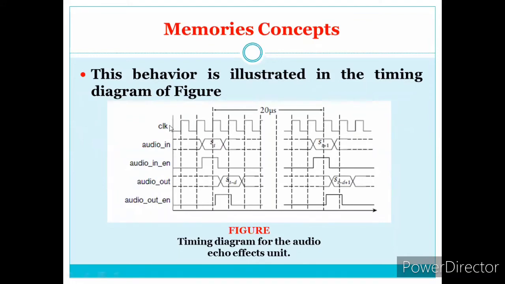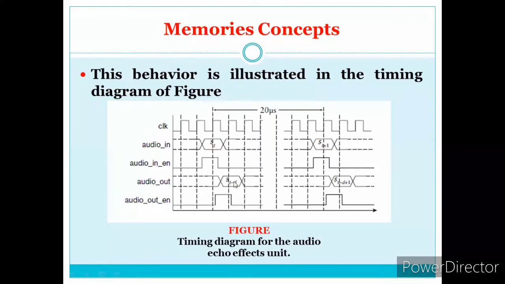If we observe the respective clock signals, at this particular rising edge the enable becomes active, where the data has a value. Once the enable becomes active, at this falling edge the data is available at the audio output signal.